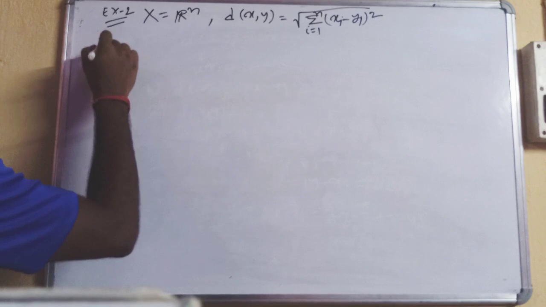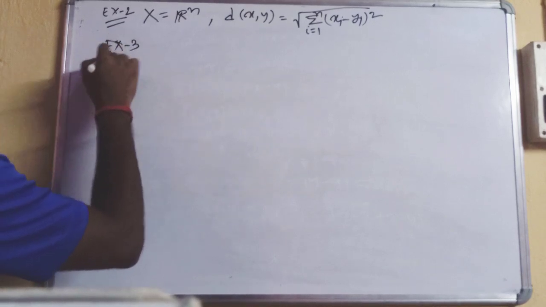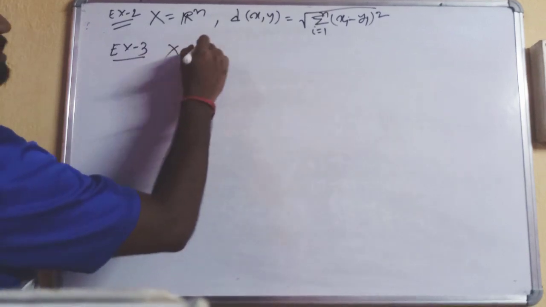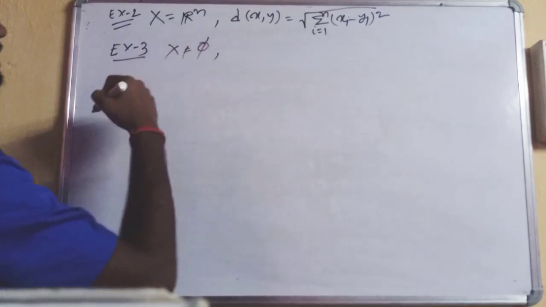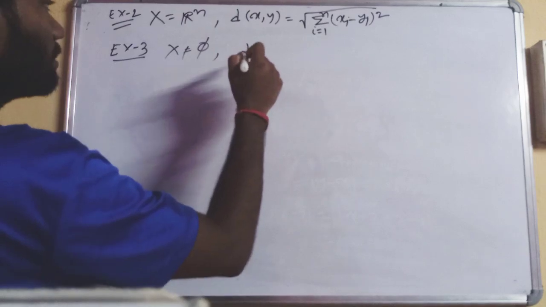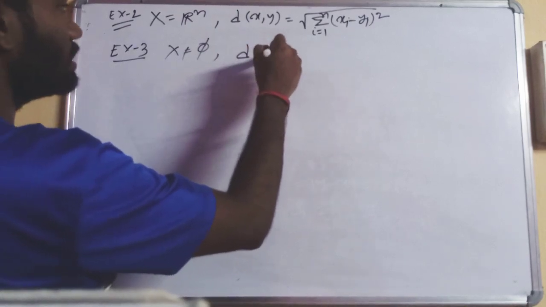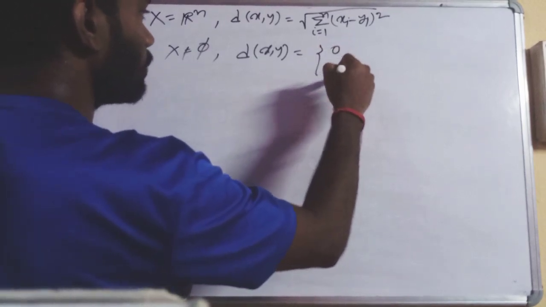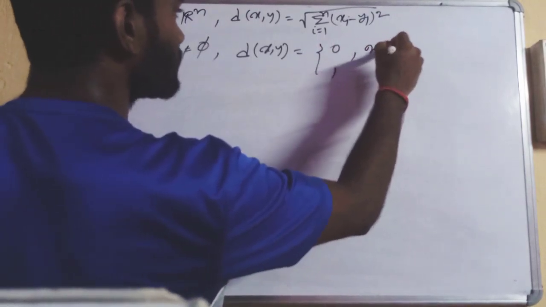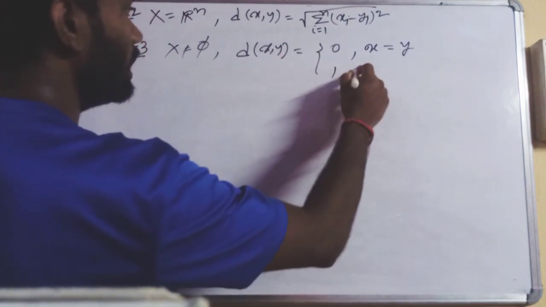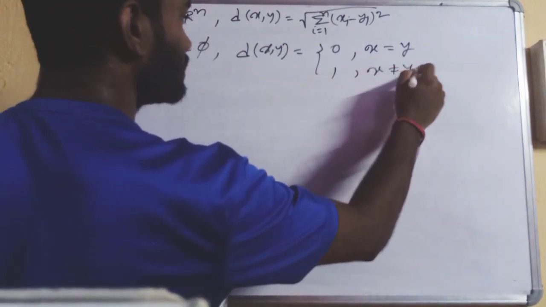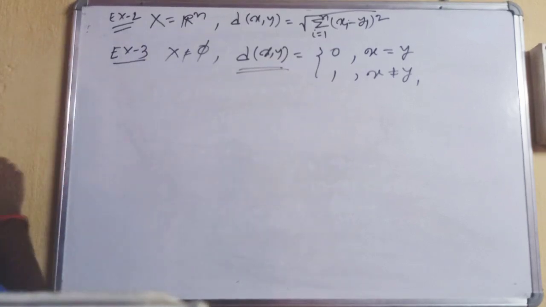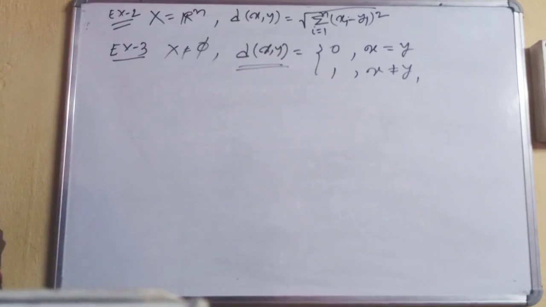Another very important example is the discrete metric. Suppose X is any non-empty set and d is its metric defined by d(x,y) equals 0 or 1. When 0? Whenever x equals y, it is 0, and when x is not equal to y, it is 1. So it forms a metric on X. You can prove this by yourself.